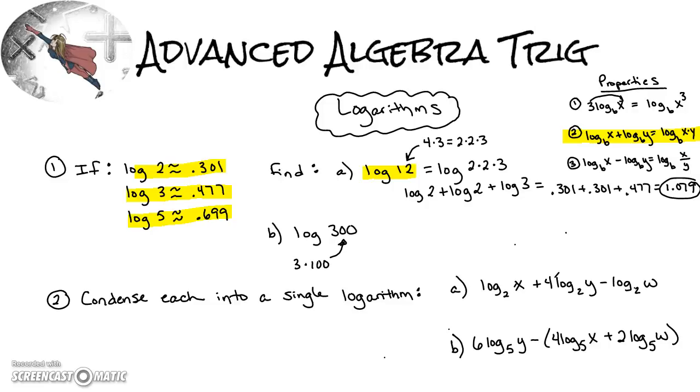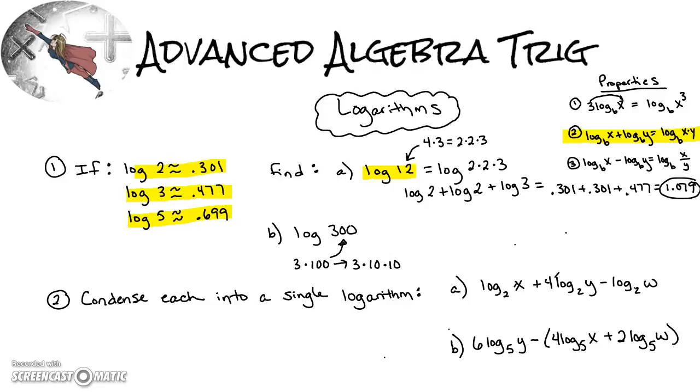Now, the logarithms that I wrote are base 10 because I didn't write a base. So the 100, that would actually be pretty easy if I thought of it as 3 times, and then 100 is 10 times 10. And let's leave it at that. We won't break it down any farther, even though we could.